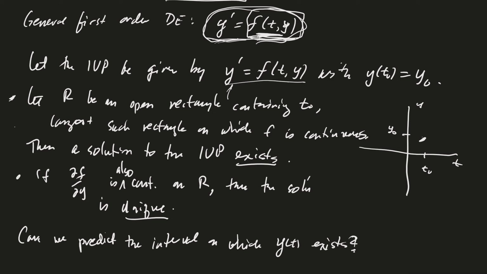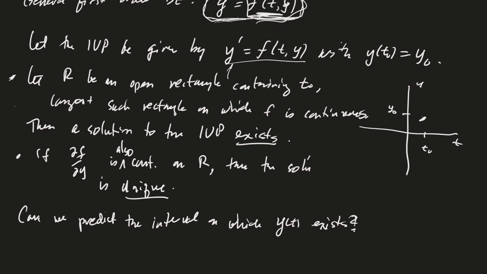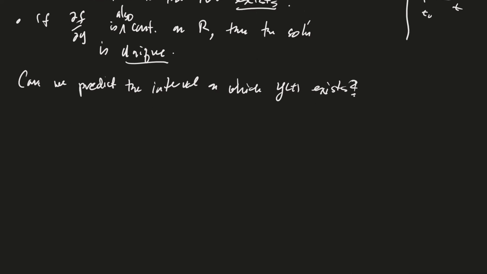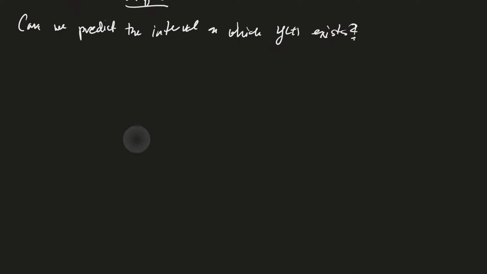But in the nonlinear case we may not. And so just let me try an example out for you. So it's a pretty simple example. y prime equals y squared, with y of 0 being y0.